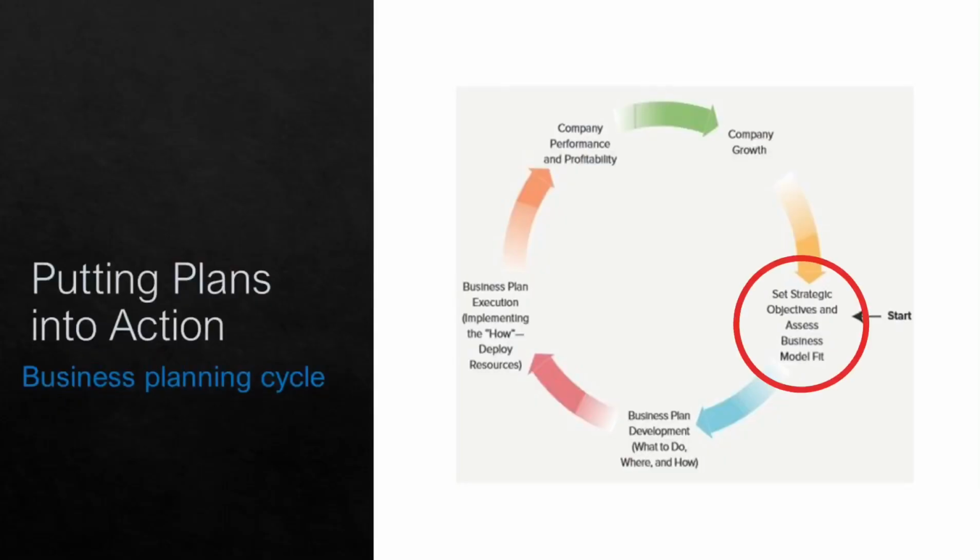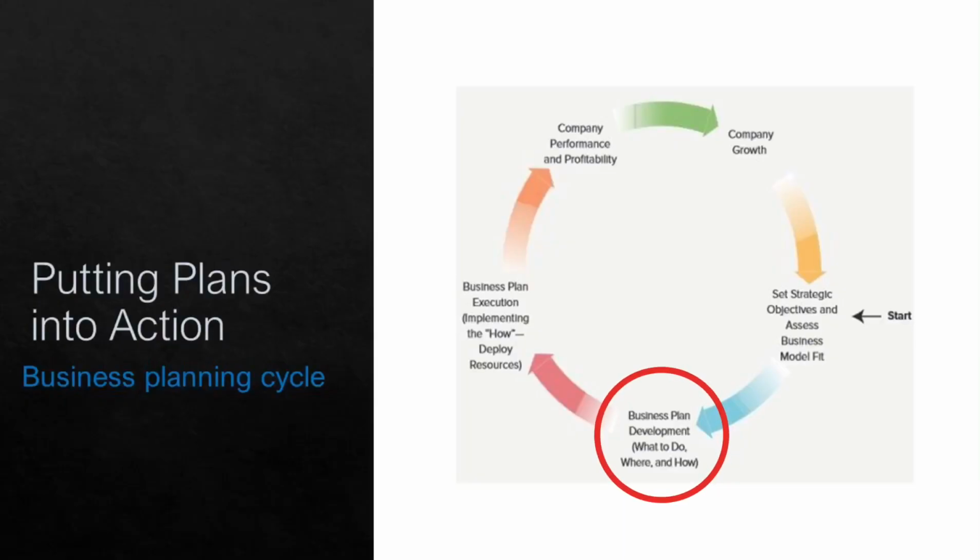So we start by setting some strategic objectives, what I want to accomplish here, and we design a business model, and we assess the fit of this business model to the market, to the business, to my capabilities. Then we design a business plan.